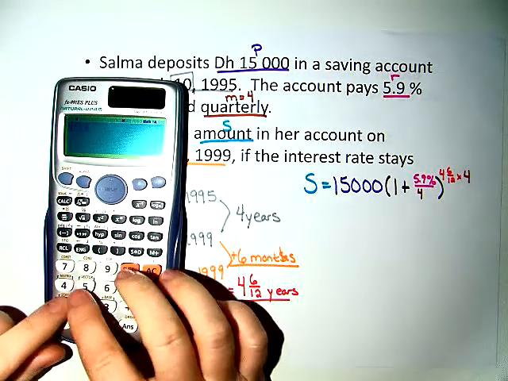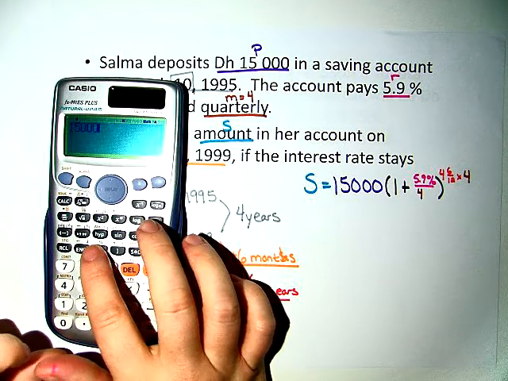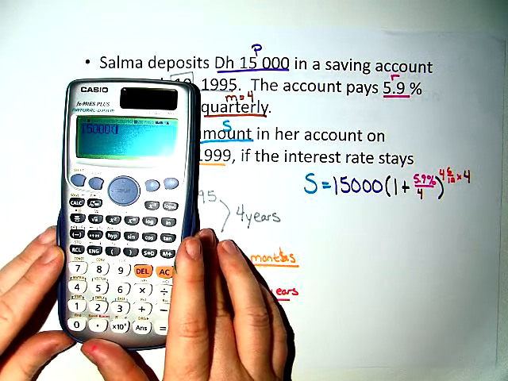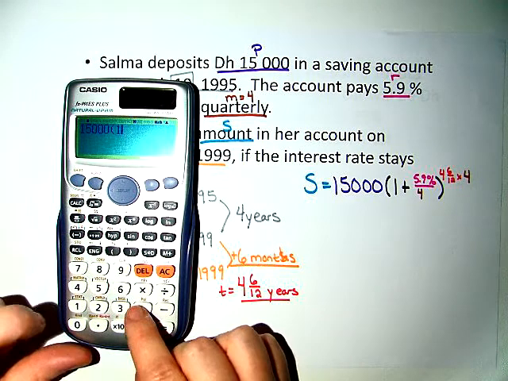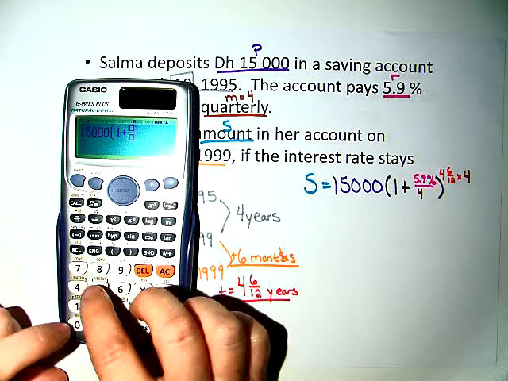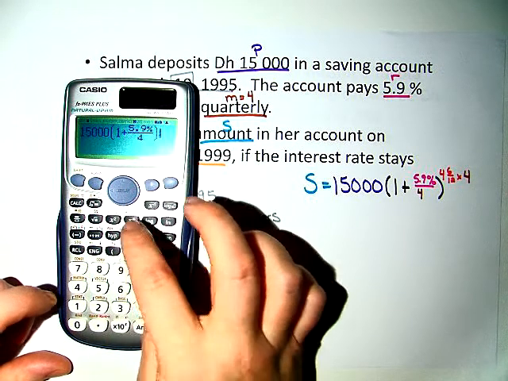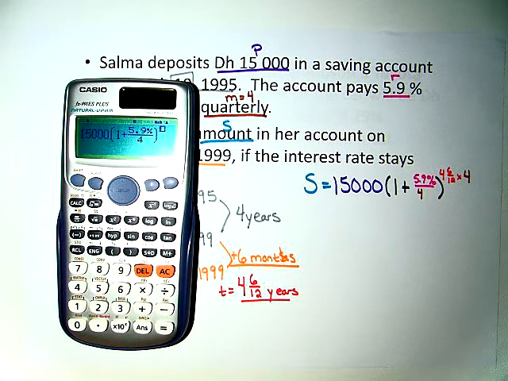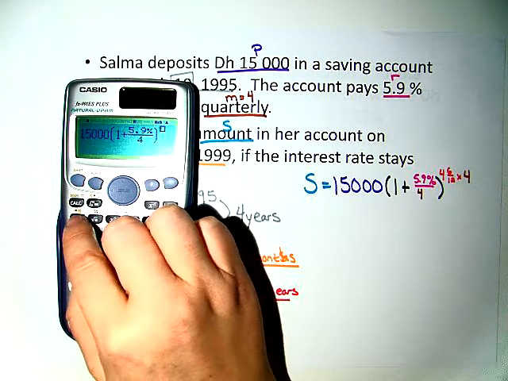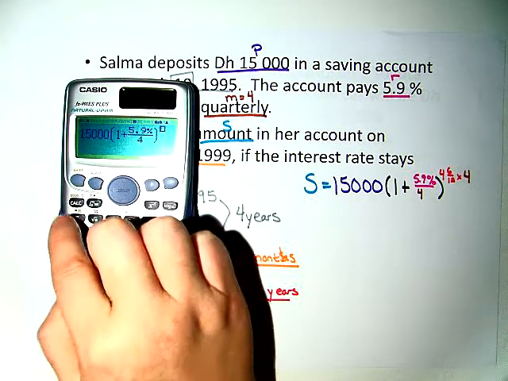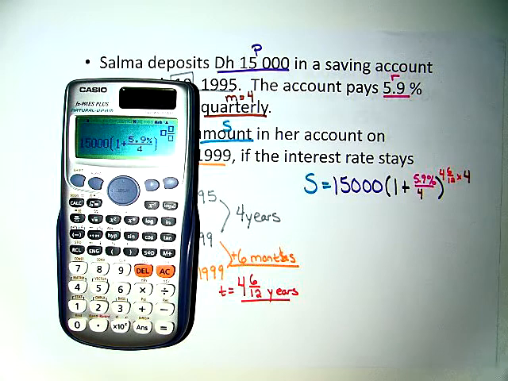Okay, 15,000. Open your parentheses. 1 plus fraction, 5.9% divided by 4, raised to. Now this is where you get a mixed number. So in order to get a mixed number, you have to hit the fraction, but you have to hit the shift before it. So shift fraction gives you a mixed number.